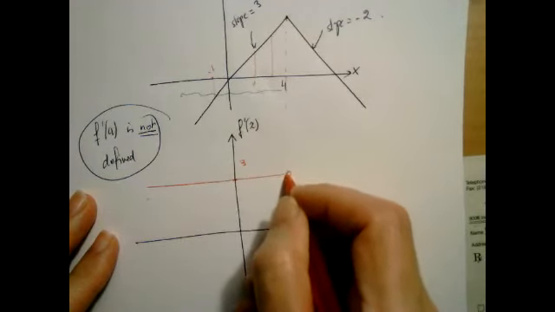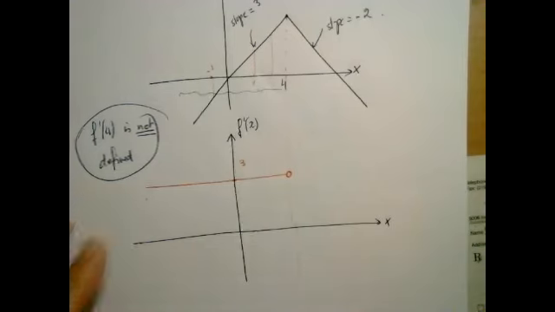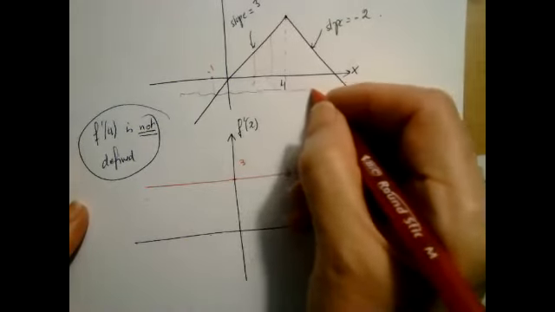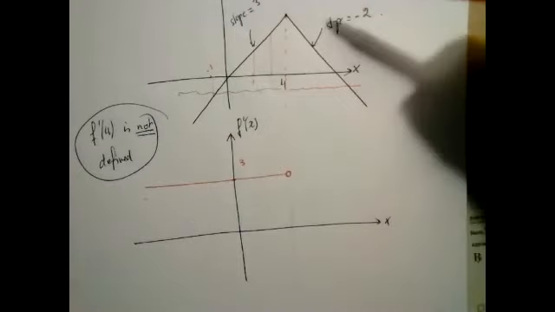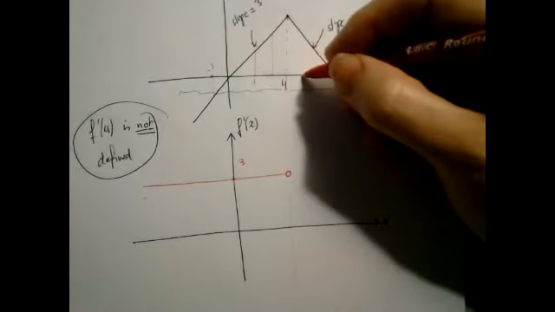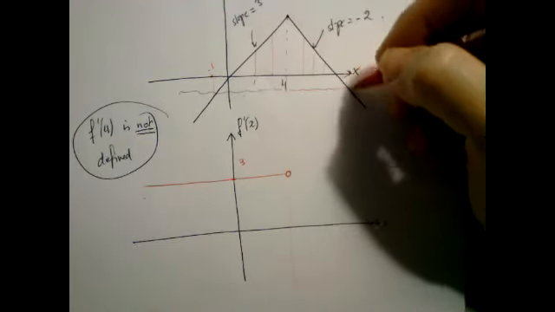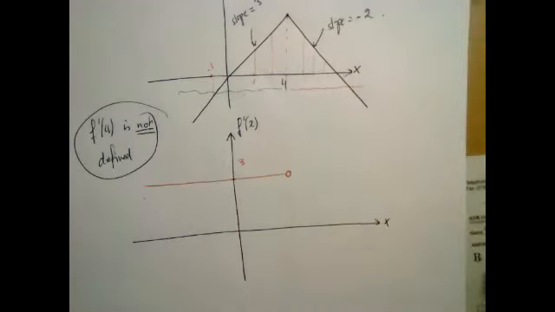Right here, open. Why open? Because there is no output for the derivative at 4. After that, what's the derivative doing? It's the same as before. If I take any point here, the derivative is -2, -2, -2, -2. It's a constant because that's a straight line.